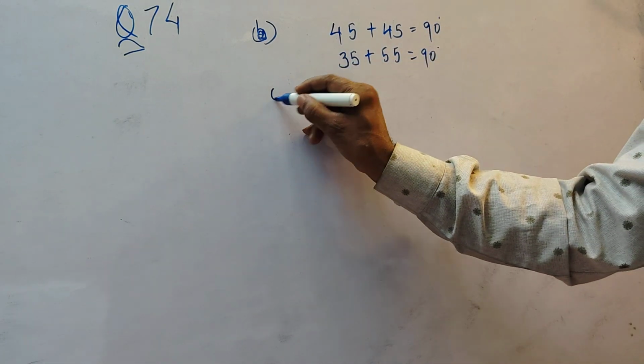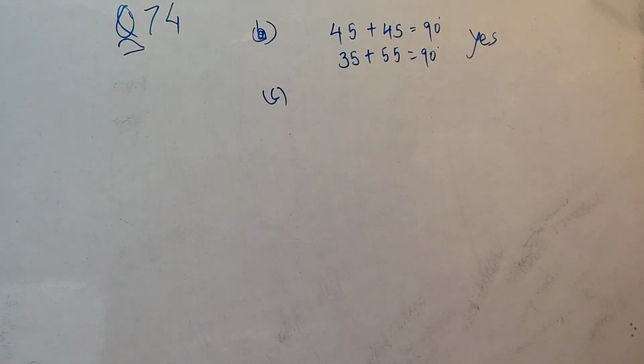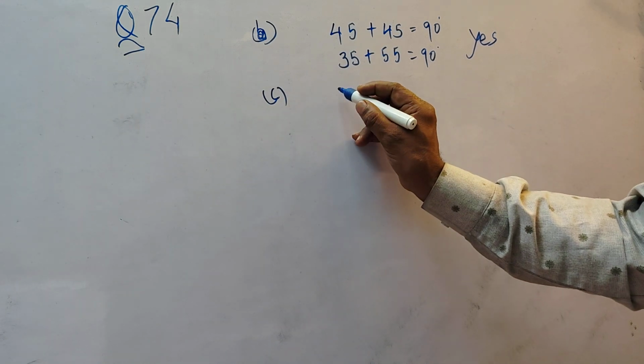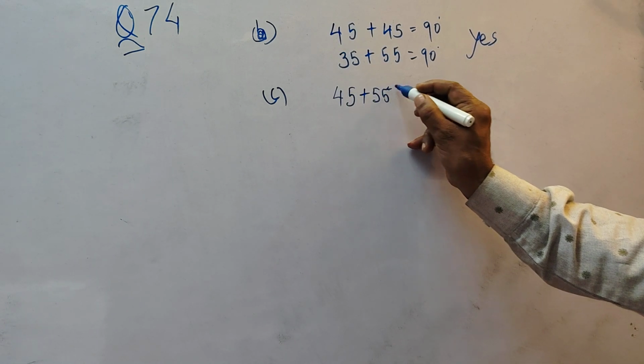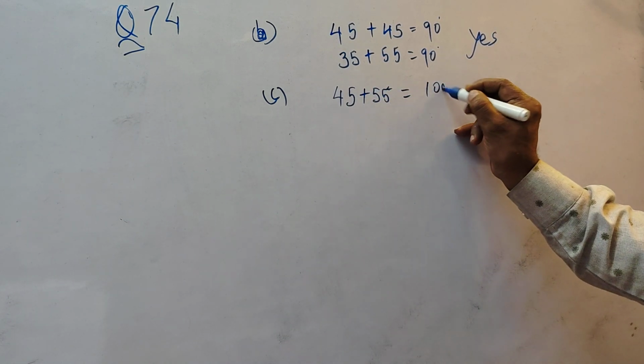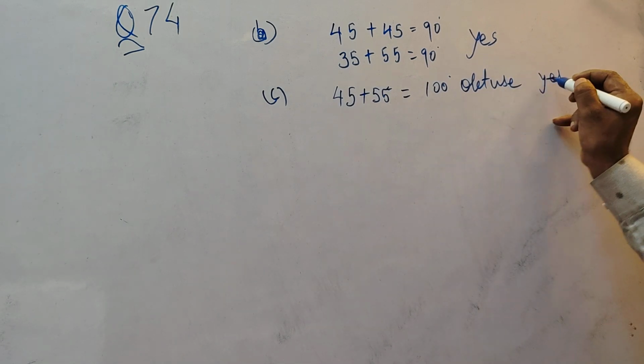So the answer is yes. Next, part C, an obtuse angle. Yes, the sum can be obtuse. If we take 45 and 55, both are acute and their sum is 100 degrees, which is obtuse.